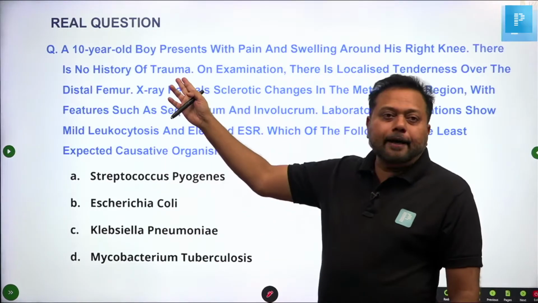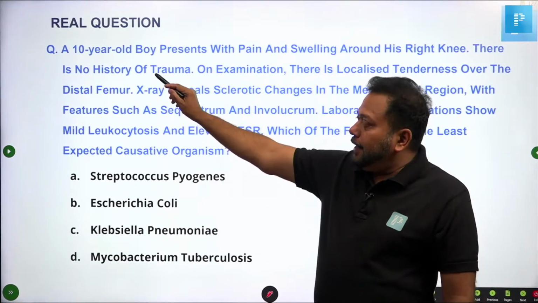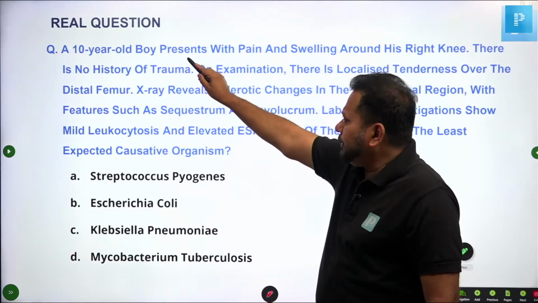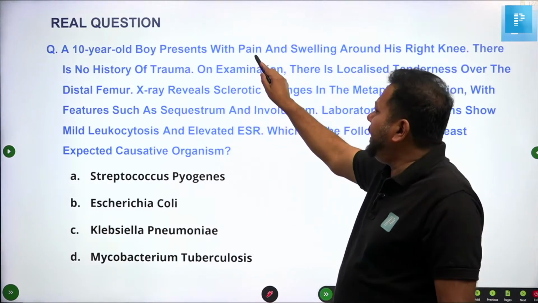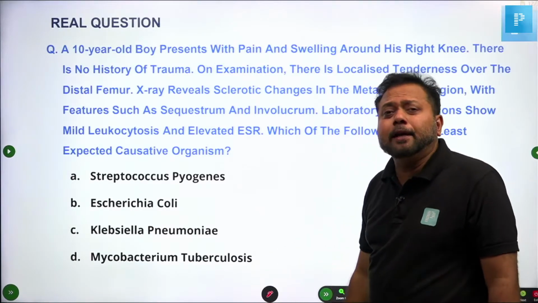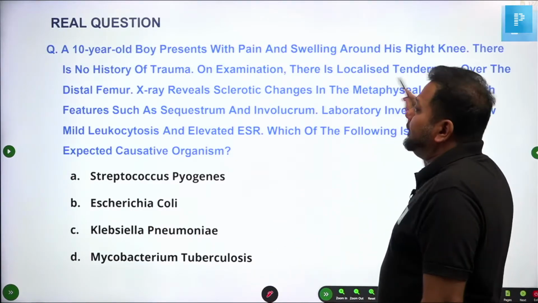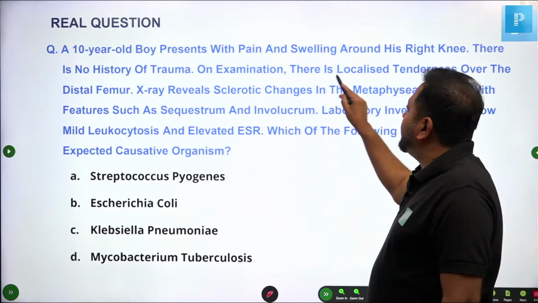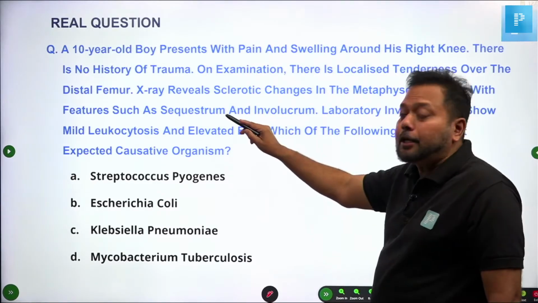Now coming to the real question of INI-CET. A 10-year-old boy presents with pain and swelling around his right knee. There is no history of trauma. On examination, there is localized tenderness over the distal femur.